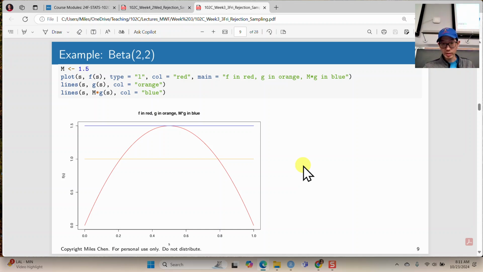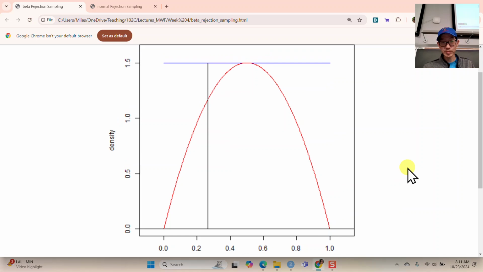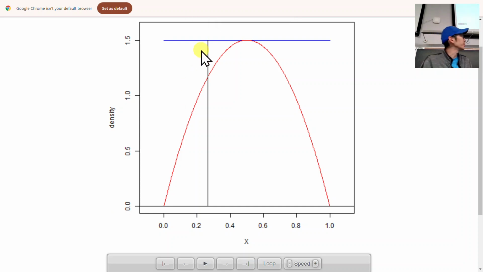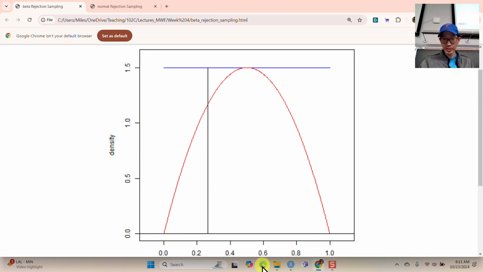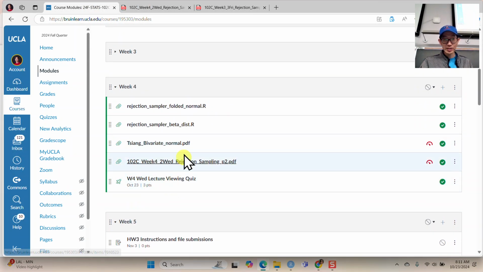So let me play this animation here. I'm going to go one frame at a time, and the code for this animation is also posted on Canvas under the week 4 module.